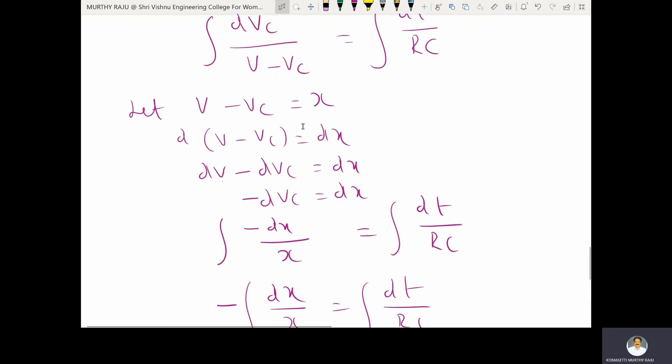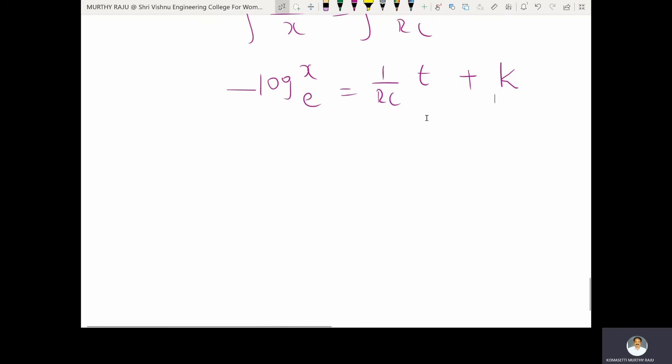Here x is equal to V minus Vc. So minus log of V minus Vc is equal to t by RC plus k.